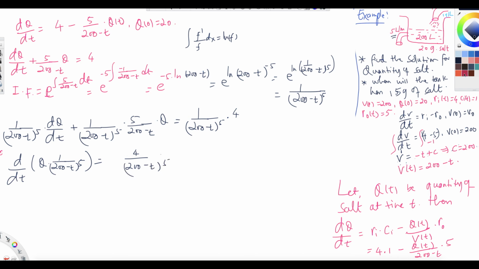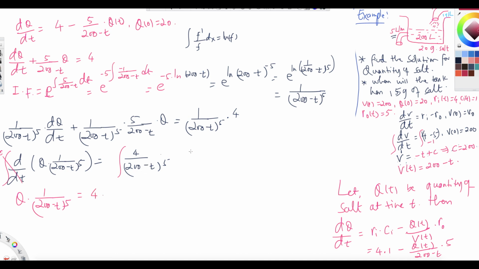Now let us integrate on both sides. What do you get? Integrating the left side cancels the derivative, so you get q times 1 over (200 minus t) to the 5th, equals the integral of 4 over (200 minus t) to the 5th. So how do I do that? You have to do u substitution.